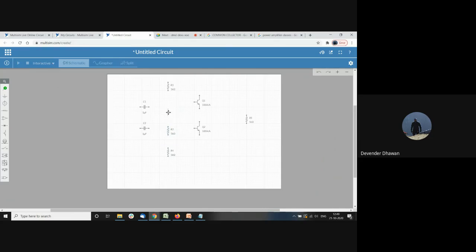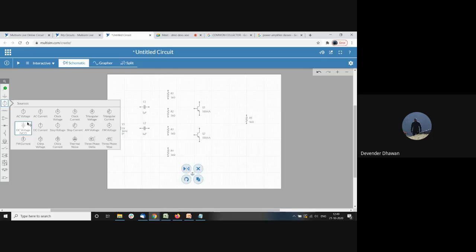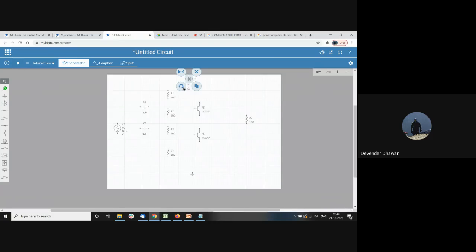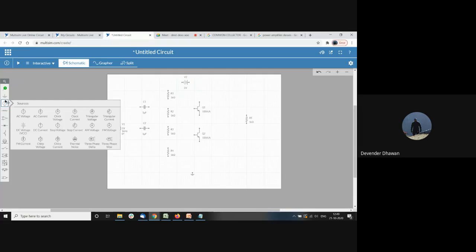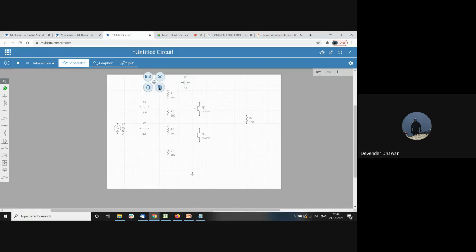Just place it properly. Now we will need our input signal, and obviously a ground also. Then we will need our biasing voltage. Let me just put it like this. Then one more ground we will need for this.